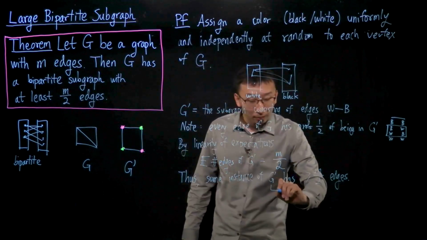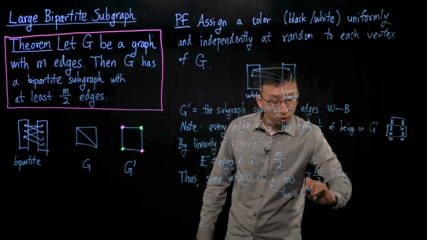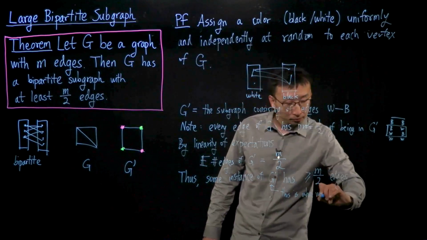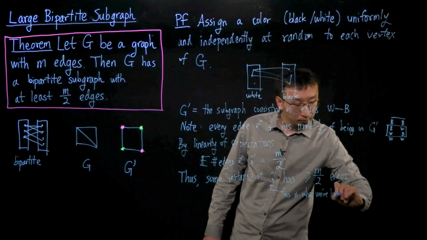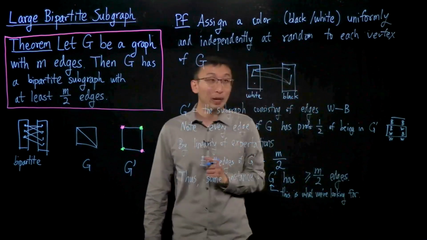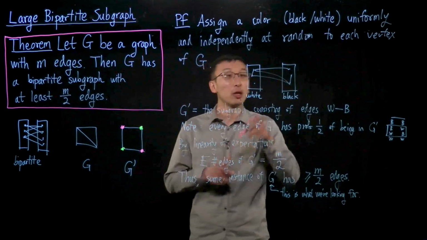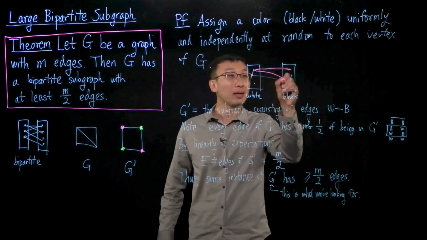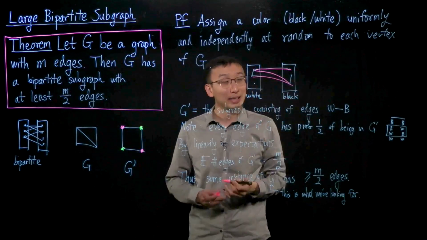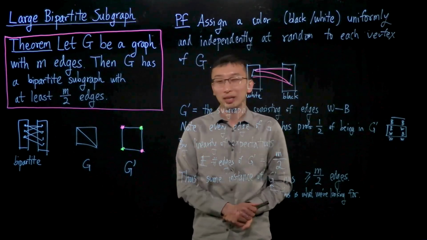And this G prime is what we're looking for. It has at least m/2 edges, and it is bipartite because we've kept all the edges from the black side to the white side, and so this G prime is bipartite.